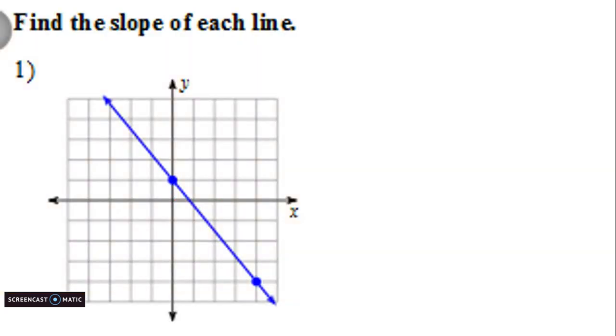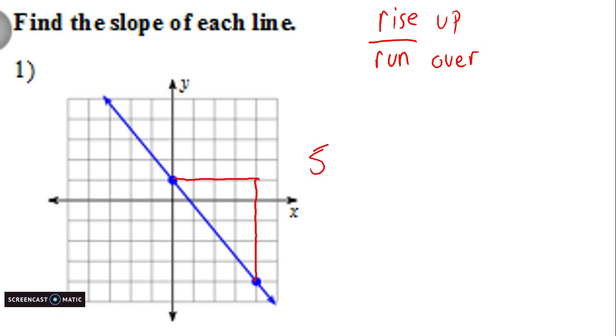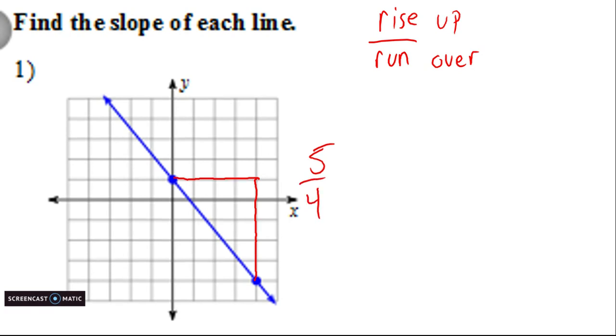All right, so we're reviewing slope today. As a reminder, slope is rise over run, how much you go up, and how much you go over. So if we count here, we are going up 1, 2, 3, 4, 5, and we're going over 1, 2, 3, 4. So up 5 and over 4.